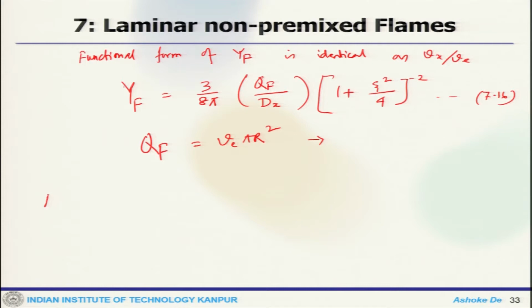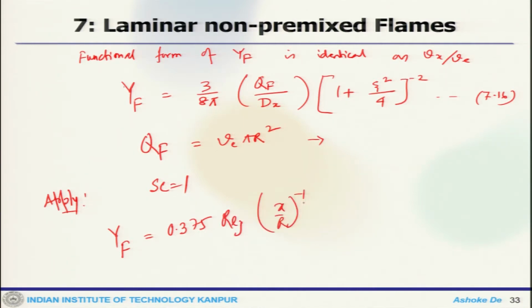Now, we apply the condition Schmidt number equals 1 to this equation. So, that gives back 0.375 Re_j times 1 over x, 1 plus xi square by 4 to the power minus 2. So, that is the functional form.